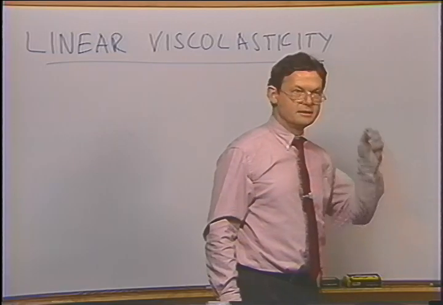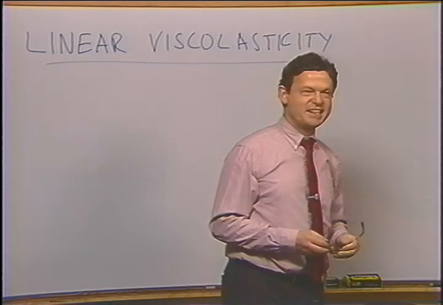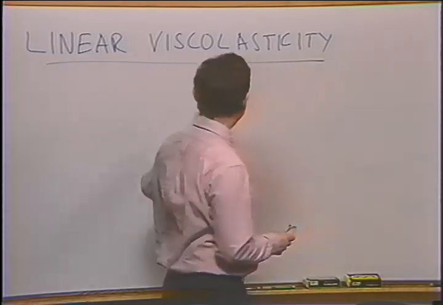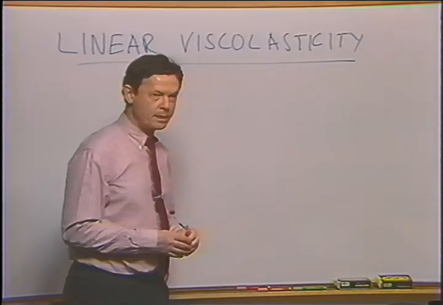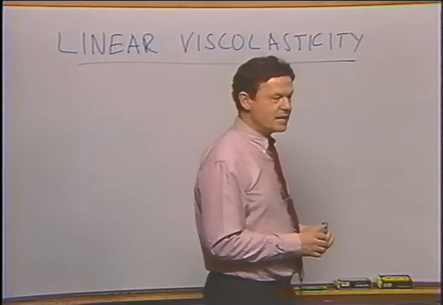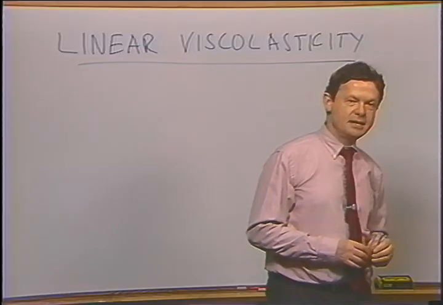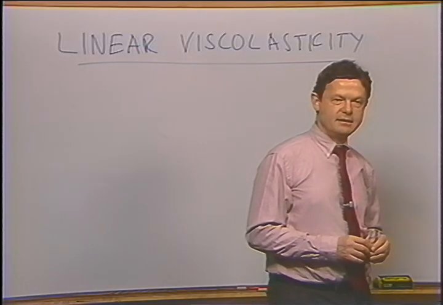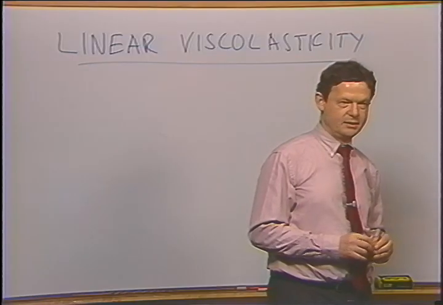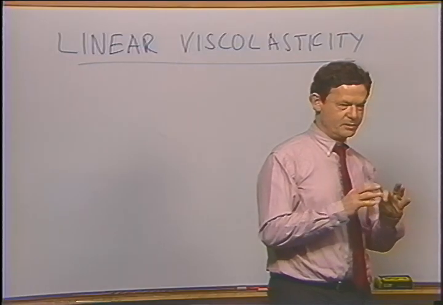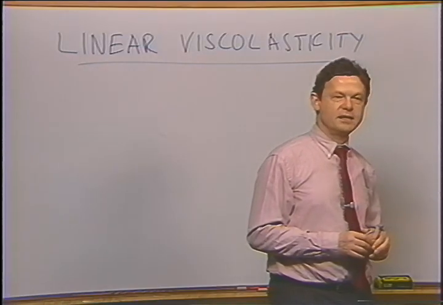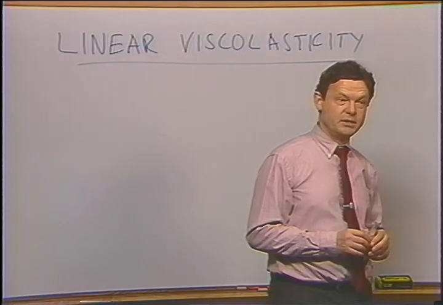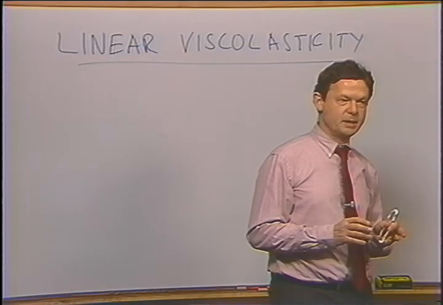We are moving to a new subject, and that's linear viscoelasticity. We would like to characterize the material at small strains at first, and then at large strains. It turns out that specific techniques are needed for linear viscoelasticity, and lots of information is already gained at small strains.